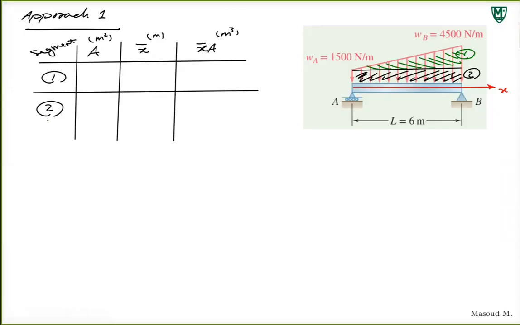Segment one, right? What is the area? Well, it's a triangle. Can someone tell me what is the area for segment one, the green segment? I'm looking for the area for segment one.